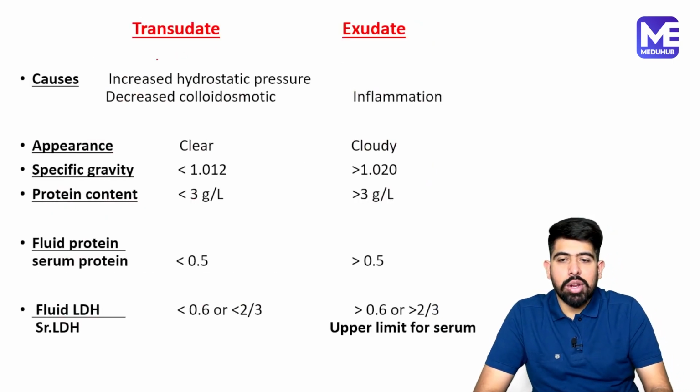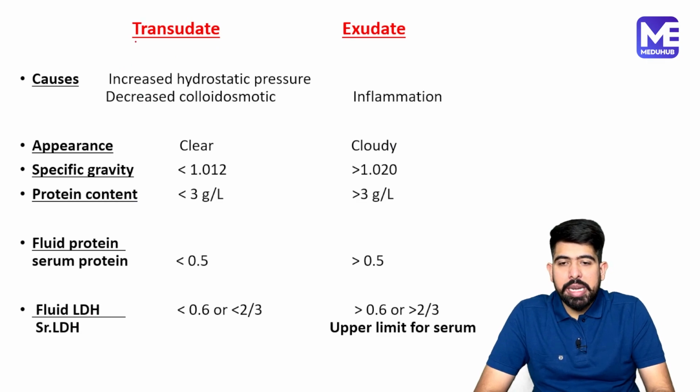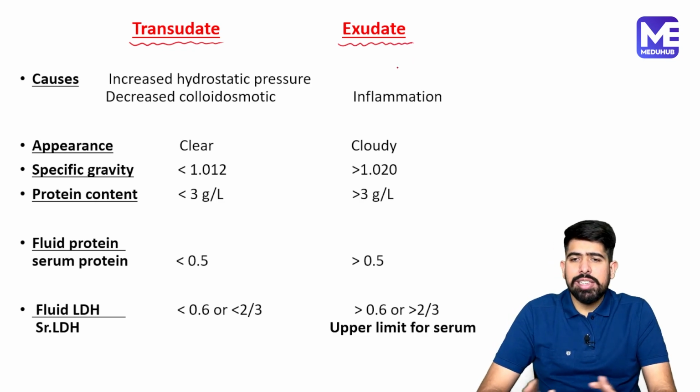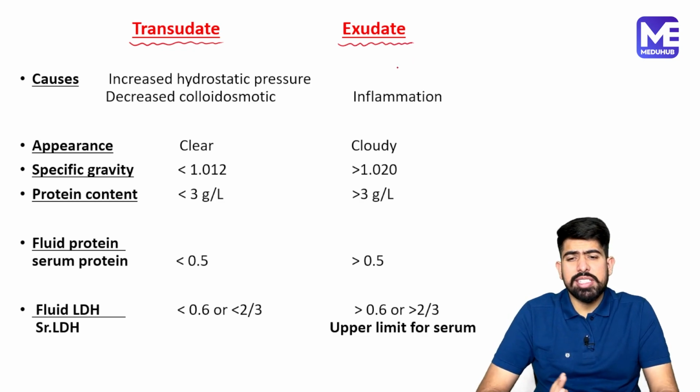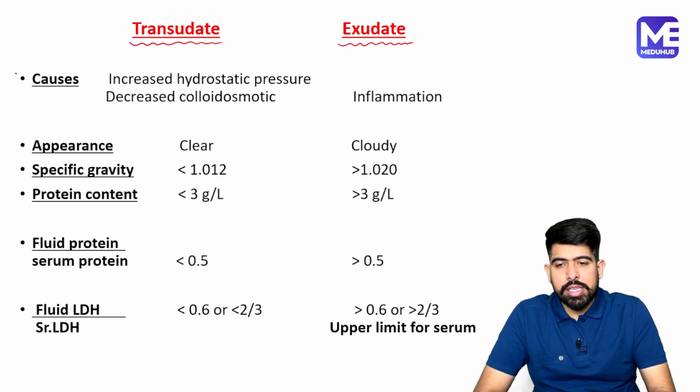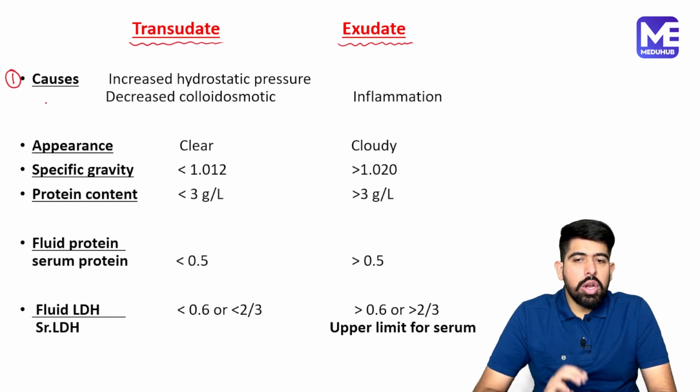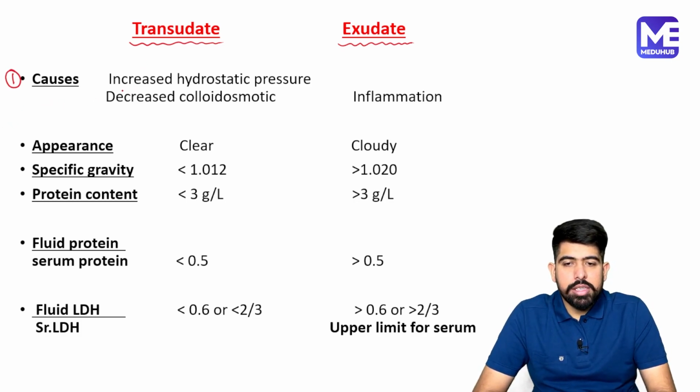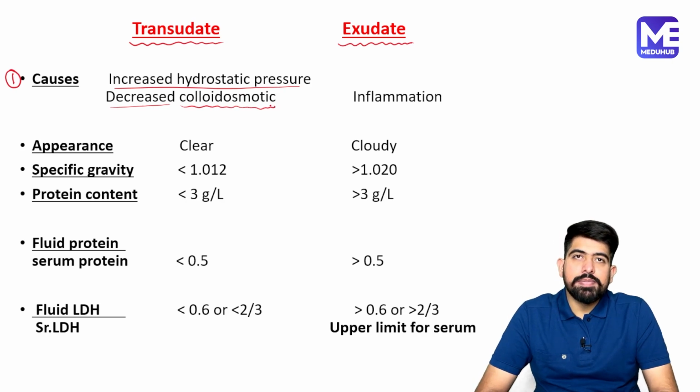So now we have to talk about the two main types, the transudative and the exudative, right? What is the difference between the pleural effusion which is the transudate and which is the exudate? Starting with the first thing, which is the cause. For the transudate, there will be an increase in hydrostatic pressure and a decrease in colloid osmotic pressure.